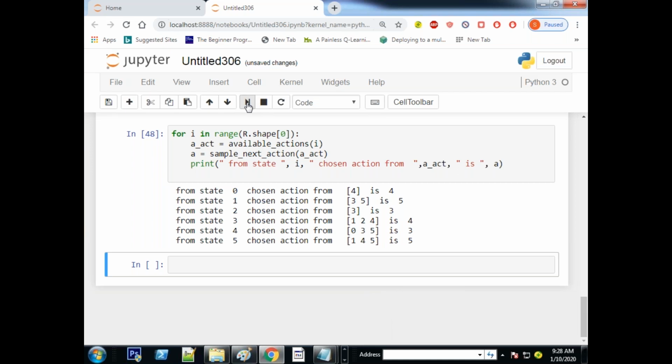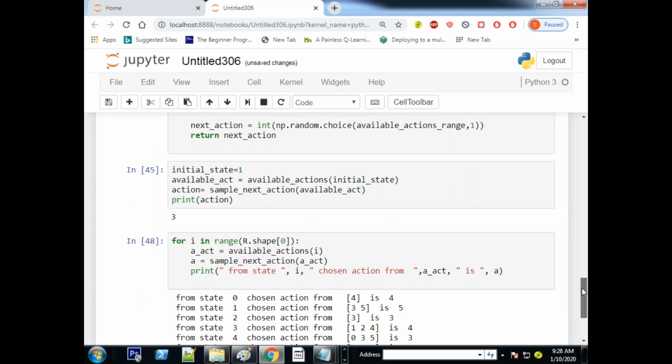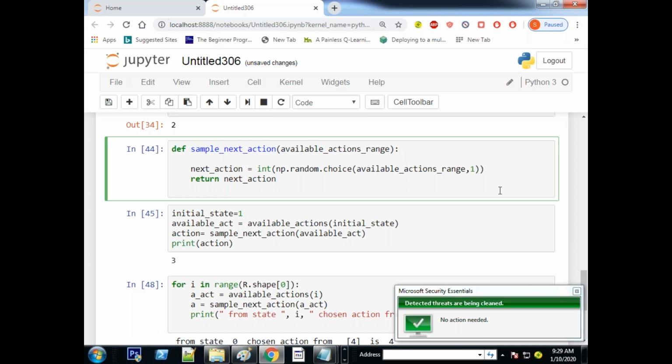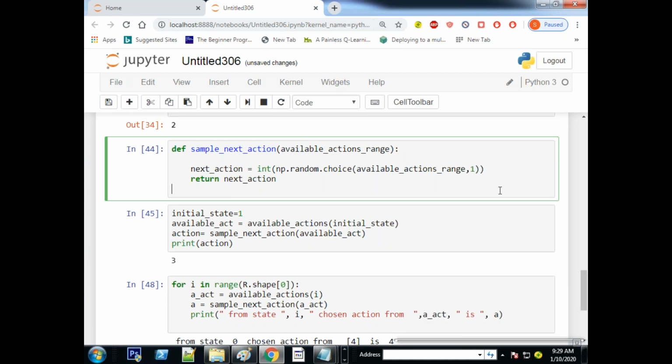Correct or not? Take this for loop also. Before that, in the sample next function, please modify this. Take the for loops, all of you.